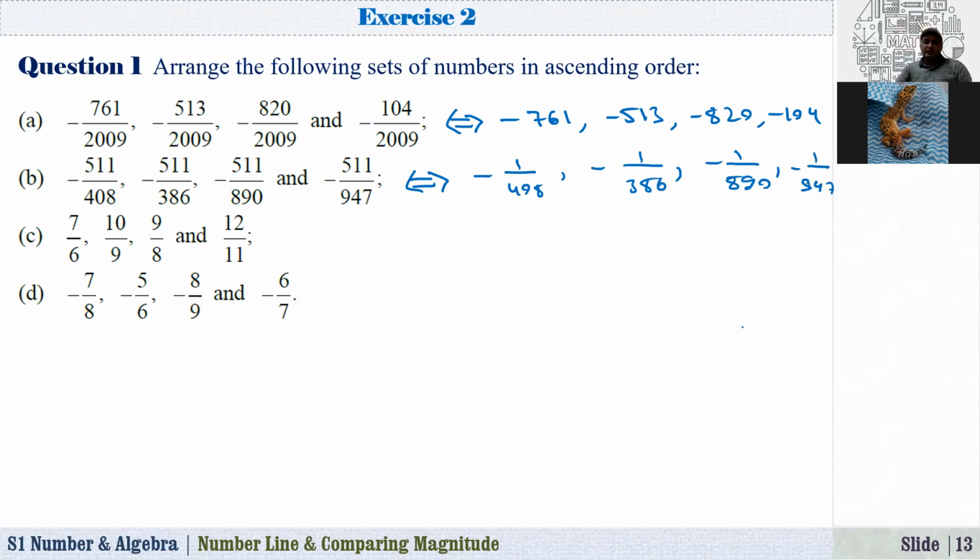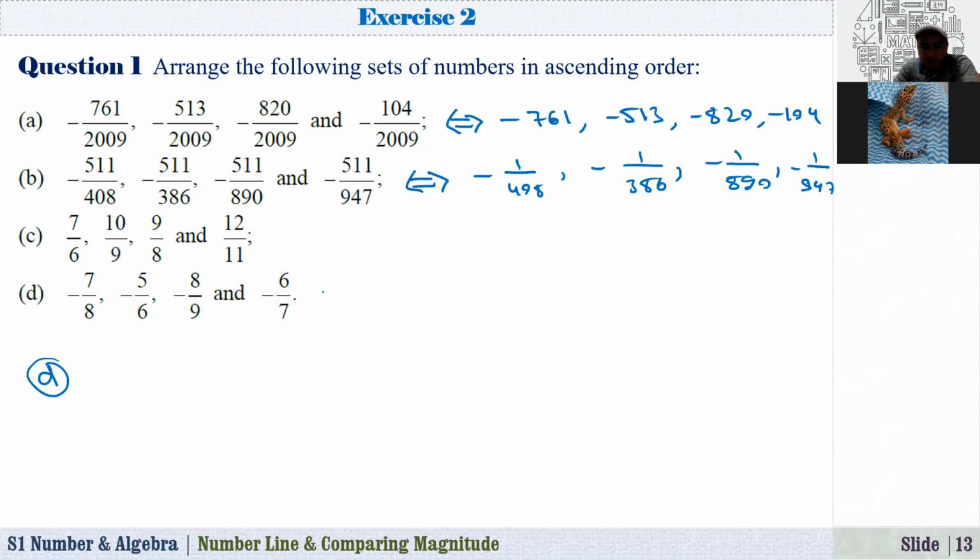Now here, let's just do only one question. Let's just do question D. Again, minus 7 over 8, 5 over 6, 8 over 9, 6 over 7. If you notice here, the difference between the numerator and denominator is 1, right?